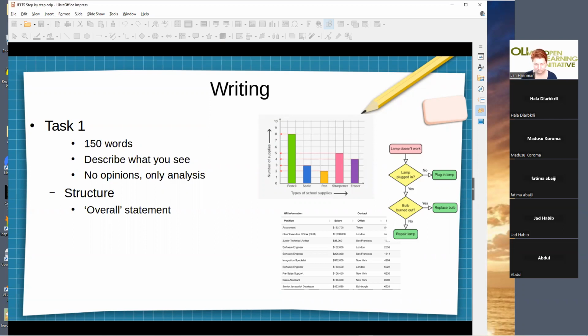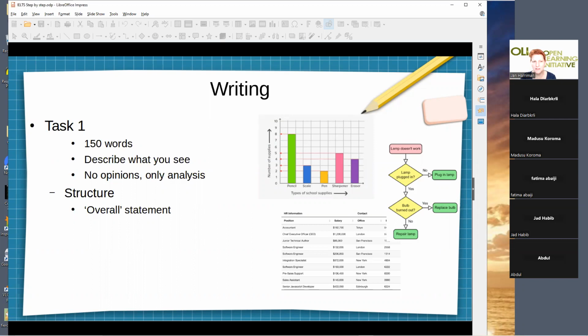The flow chart describes the process of analyzing a problem with a lamp that is not working. All right. Then an overall statement. Overall, and that's where you give your basic analysis.